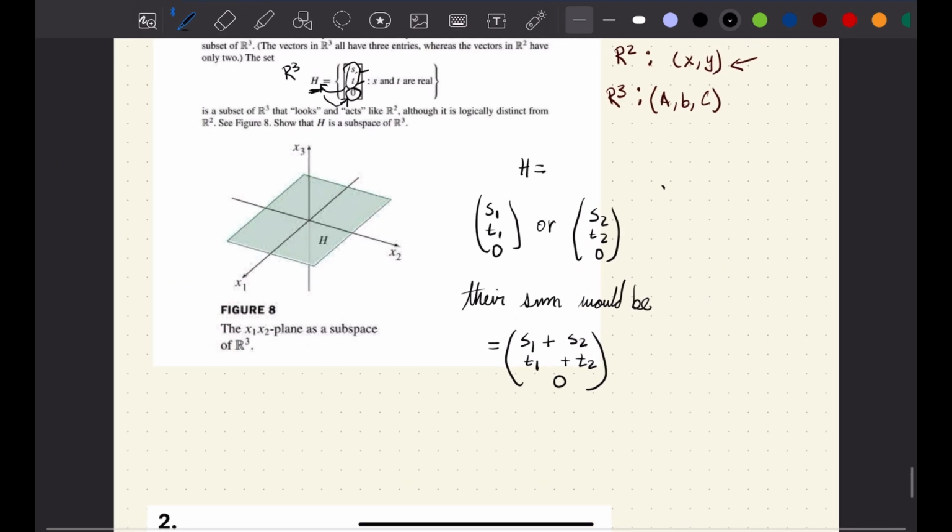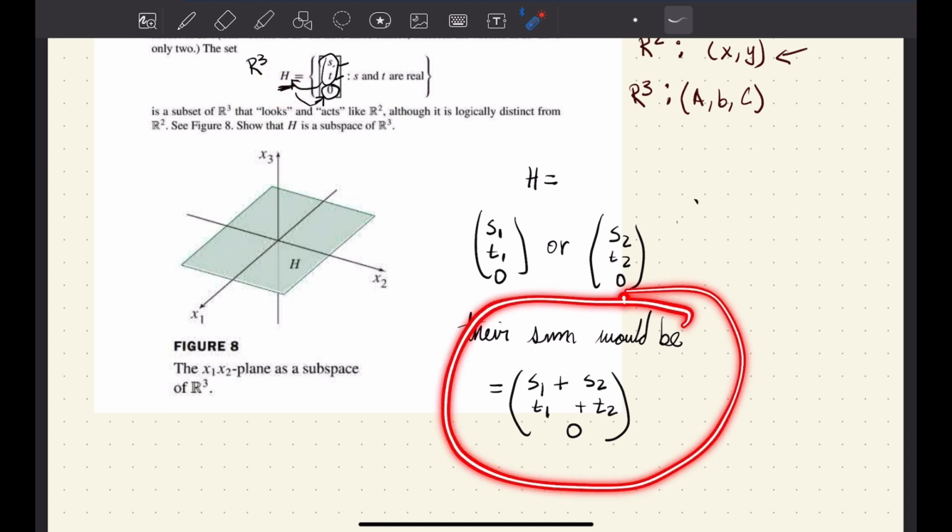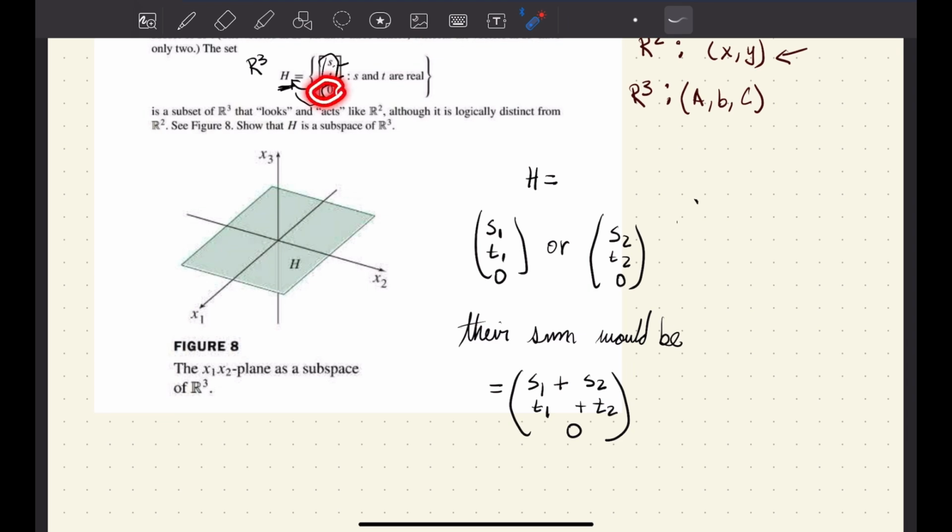What I like about this is that everything I've done so far is still in H. All of what I'm doing here is true as long as the third component, component C, remains 0. All of what is happening here must be true in this plane.